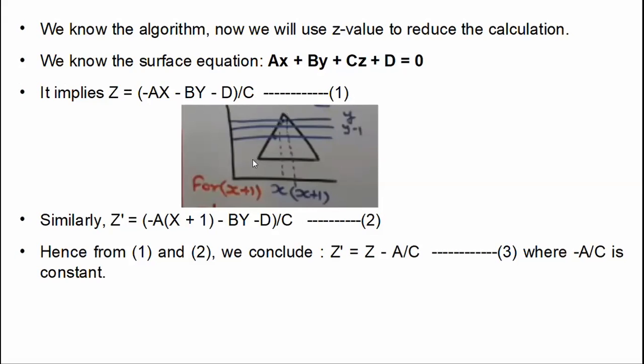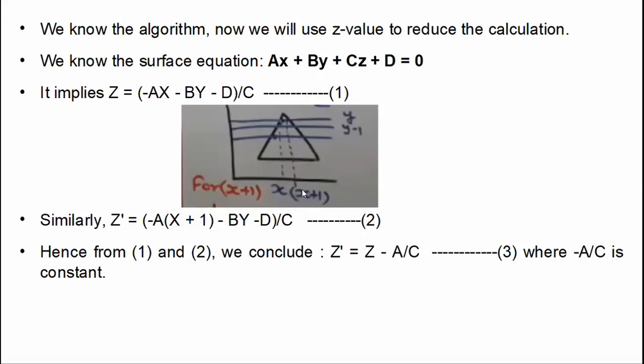Okay. Now consider a triangle, and here I have drawn some scan lines, say y minus 1 and so on. Okay. Now consider the second scan line y minus 1, and if my first pixel is say x, the next pixel to this will be x plus 1. Okay. So for this particular value x, I know z dash can be calculated as minus Ax minus By minus D divided by C. Okay.